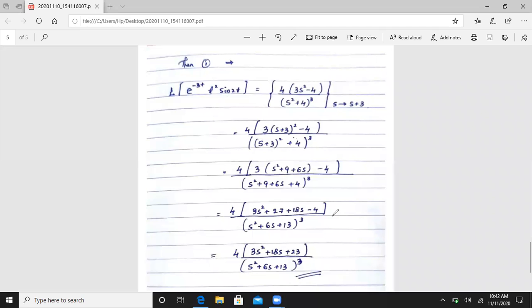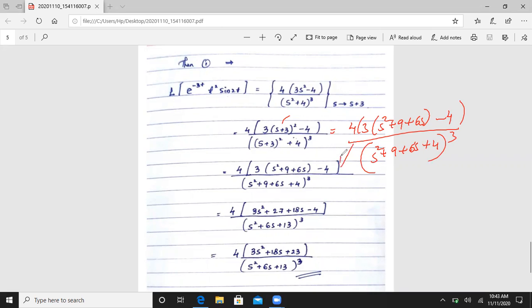When we simplify, this is 4 into 3 into (a plus b) whole square, that is s square plus 9 plus 6s minus 4, divided by s square plus 9 plus 6s plus 4 whole cube.